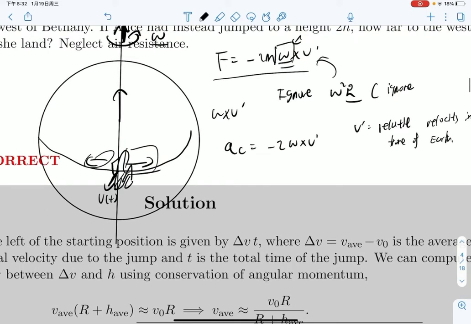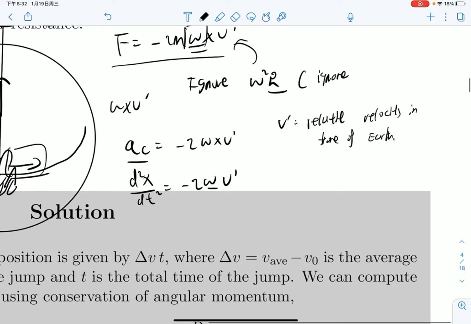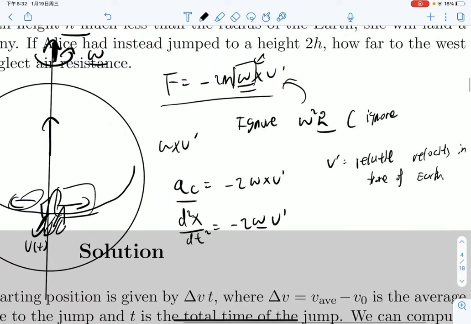And now you can see this is basically d/dt, and this is equal to 2 omega v prime. And because omega is very, very small, we often ignore this contribution to the velocity.